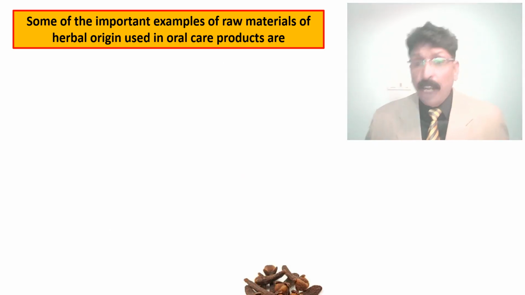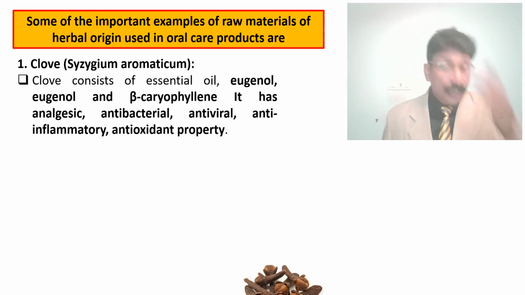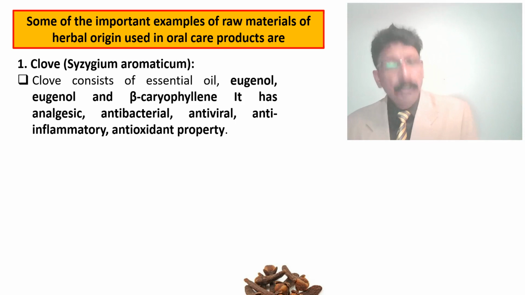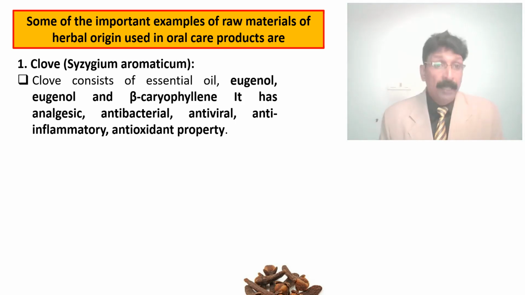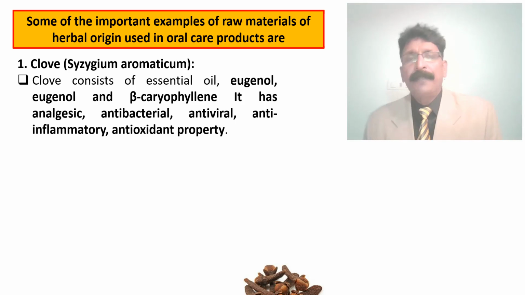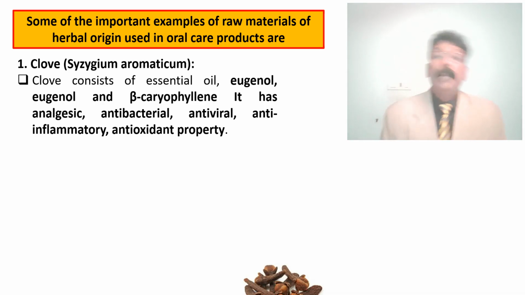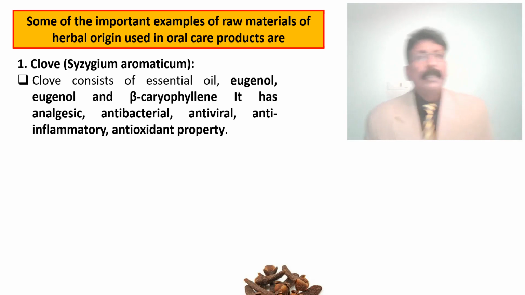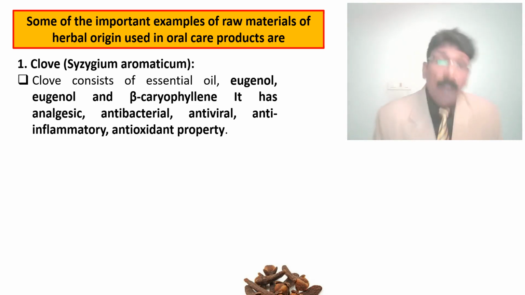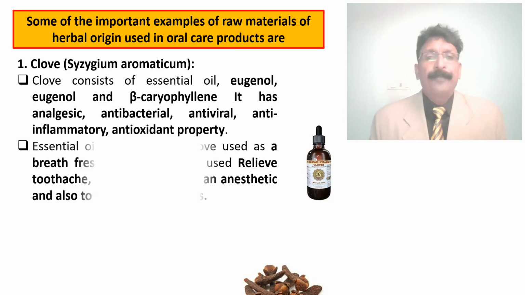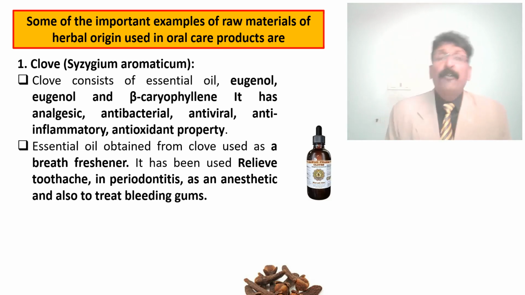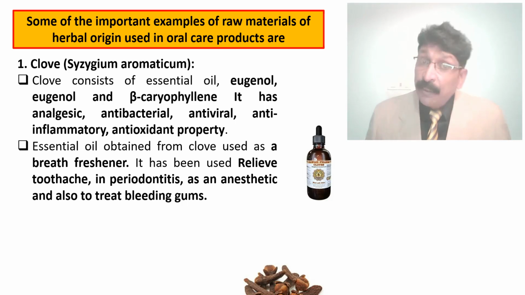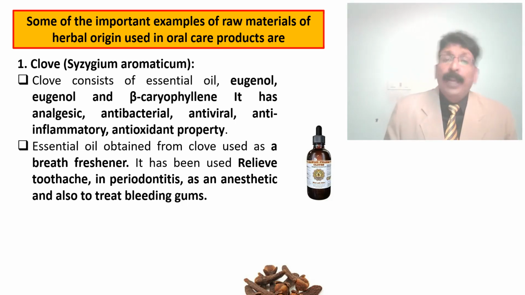We want to explain these briefly. When we talk about clove, Syzygium aromaticum or Eugenia caryophyllus belongs to the family Myrtaceae. Clove consists of essential oil, eugenol and beta-caryophyllene. It has analgesic, antibacterial, antiviral, anti-inflammatory and antioxidant properties. Essential oil obtained from clove is used as a breath freshener and to relieve toothache.